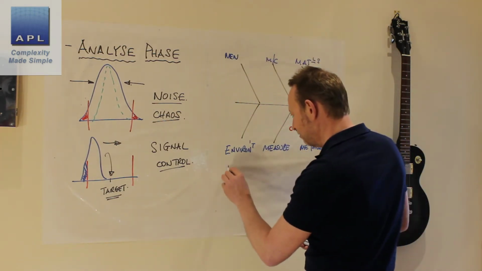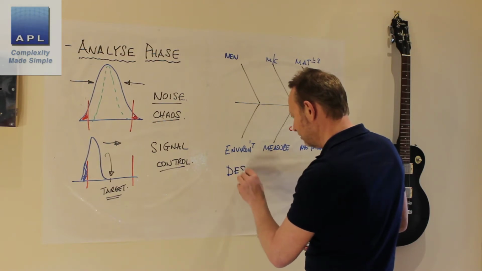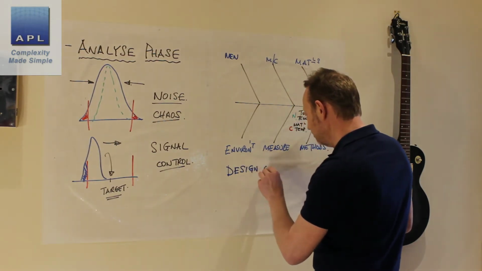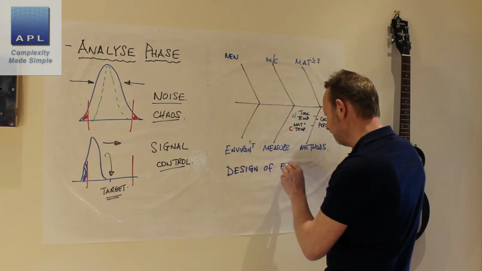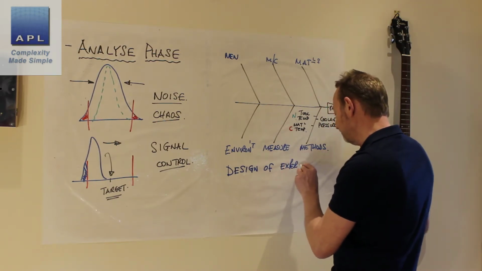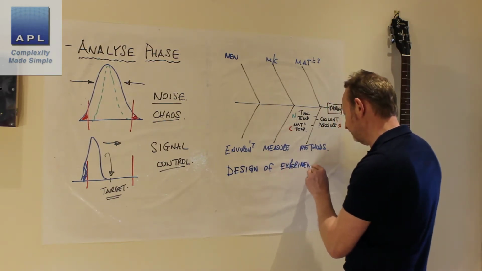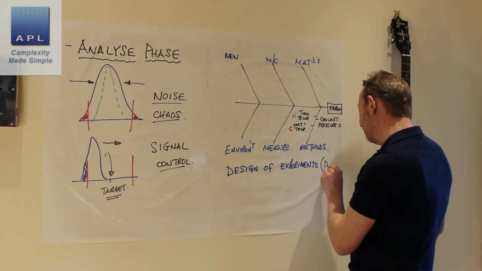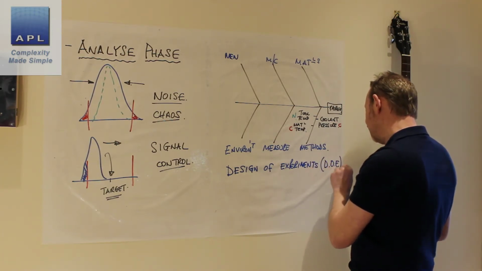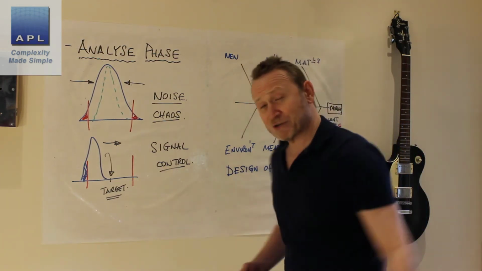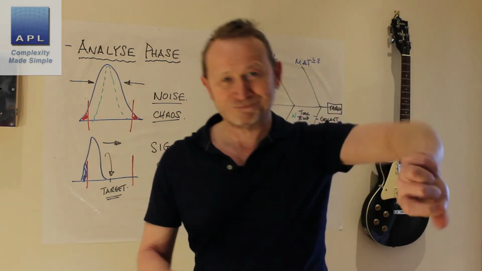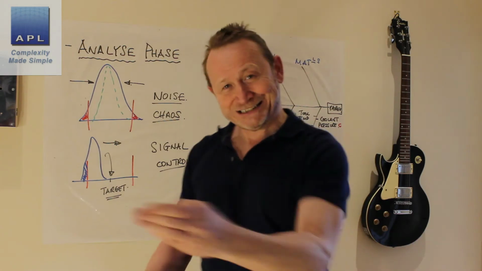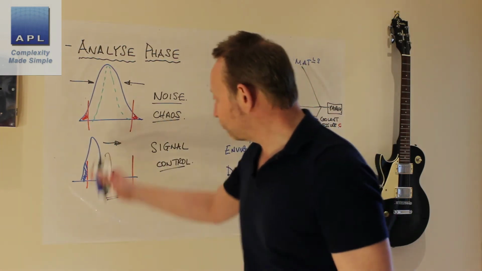Well, now I'm going to use design of experiments, commonly known as DOE. Now in theory, of course, I could just grab a dial and I could probably make this thing dance onto the target just by doing that.